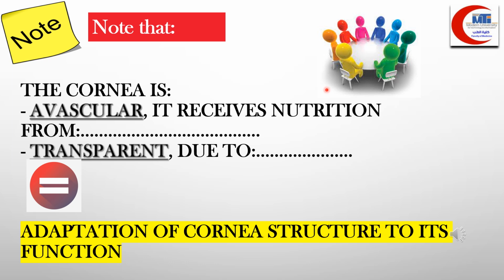The limbus is the corneoscleral junction between the cornea and the sclera. This structure is highly vascular, so the periphery of the cornea depends in its nutrition on the vessels present in the limbus. Also, the cornea receives the oxygen from the atmosphere.